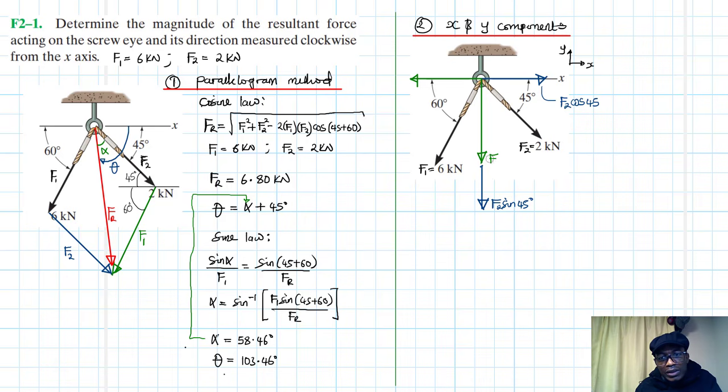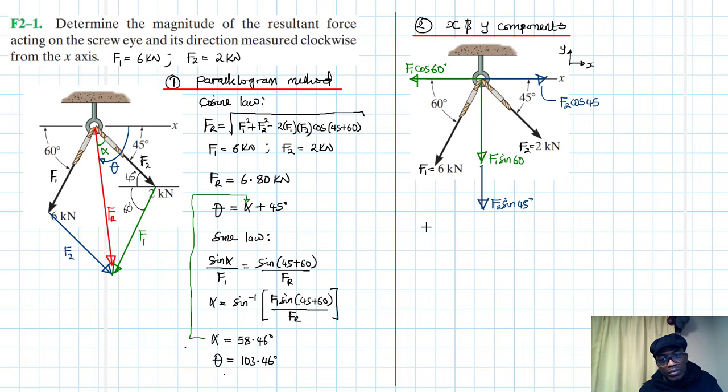This one is F1 sine 60, and this one is F1 cos 60. So there we go. We need to now sum up these components and then calculate them, sum them up, and then get the resultant.